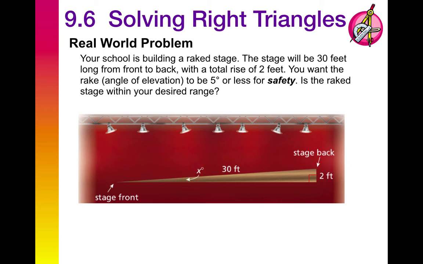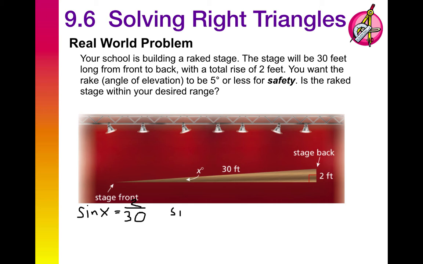To do that, I'm going to be using this side and this side. Well, that means opposite over hypotenuse. Opposite over hypotenuse is sine, so we're going to use the sine of x is equal to the opposite, which is 2, divided by the hypotenuse, which is 30. And then we take the inverse sine of each one of those sides.